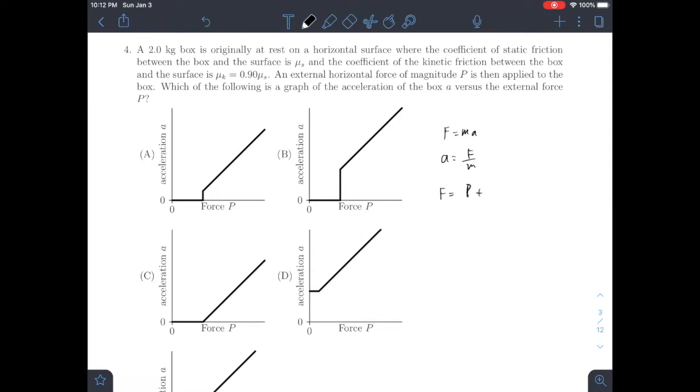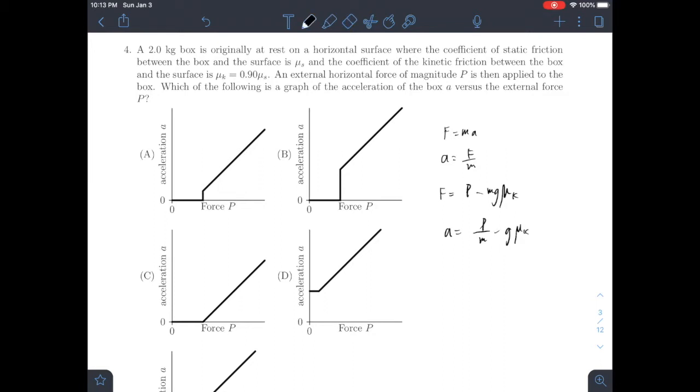So first we can write F equal to ma, then a equals F over m. Then what is F equal to? F equal to P, which is the force applied, minus the friction force, so P minus mg times mu k. Then a is equal to F over m, which is P over m minus g mu k. Sorry, this is a minus sign, I wrote a plus sign.